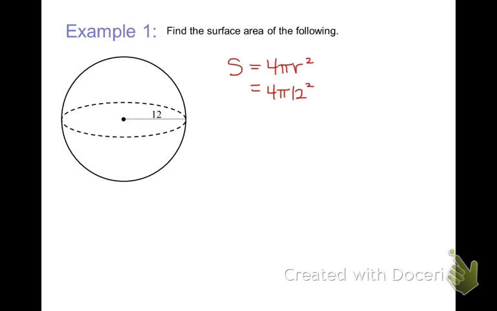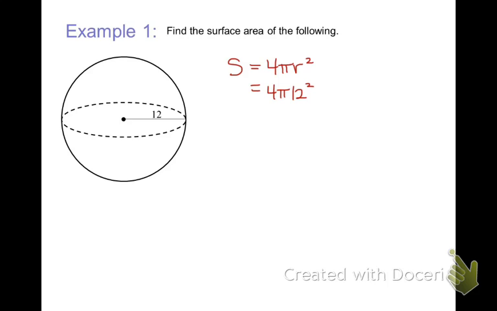Okay? Now, as usual, I can either ask for this in terms of pi, or I can ask you to put it in your calculator and give an exact answer. Let's just go ahead and leave this one in terms of pi. So if I leave it in terms of pi, I'm going to get 4 times 12 squared, right, are the numbers that I'm dealing with.